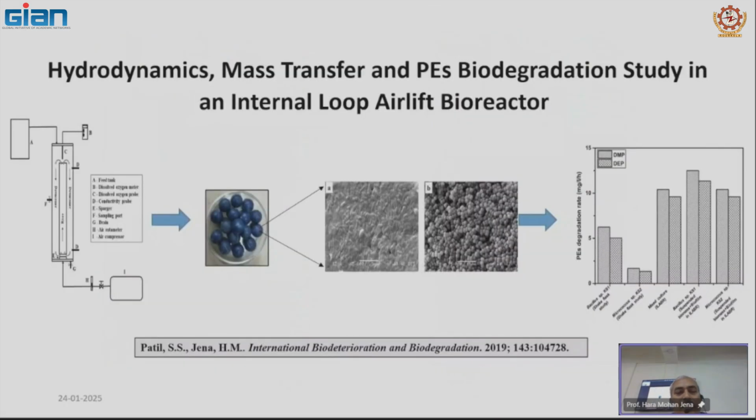The hydrodynamic, mass transfer and phthalate ester biodegradation study in an internal loop air lift bioreactor. Here these microbes are attached to these polystyrene plastic beads.